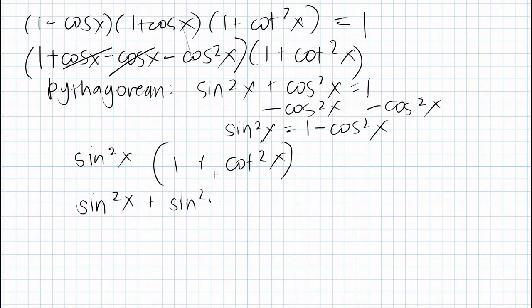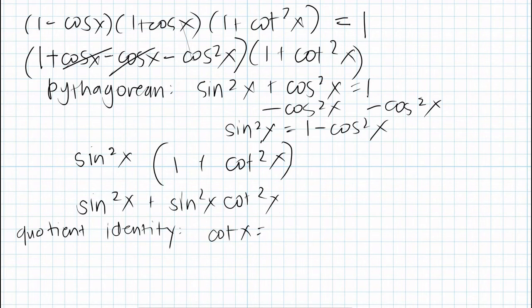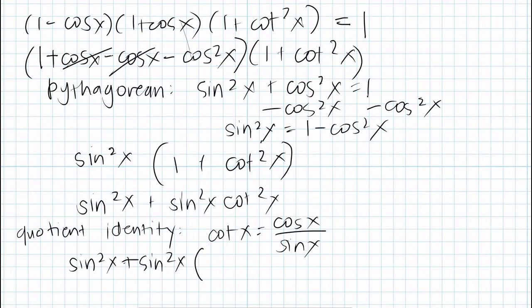Now let's try distributing sine squared x to the rest of the equation, so that becomes sine squared x plus sine squared x cotangent squared x. Now from the quotient identity, we know that cotangent x is equal to cosine x over sine x. So that becomes sine squared x plus sine squared x times cosine squared x over sine squared x.